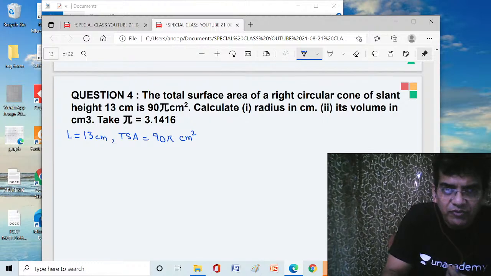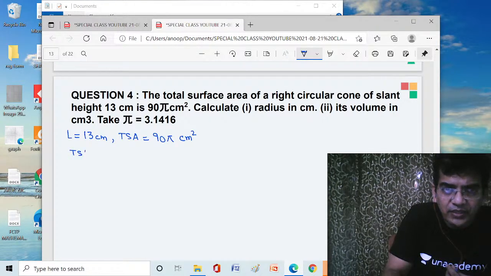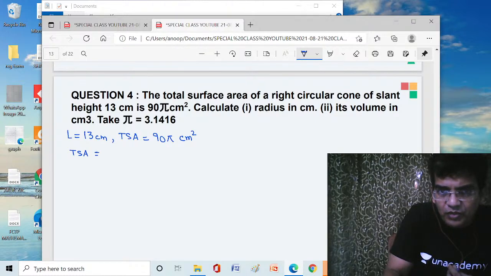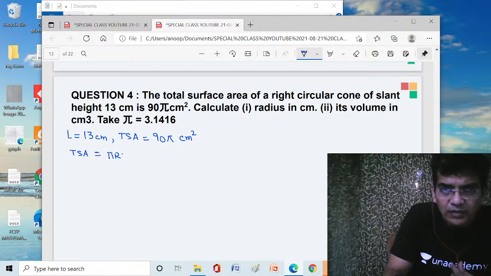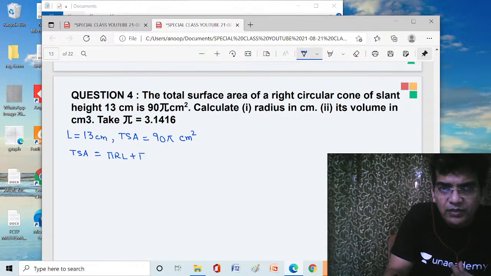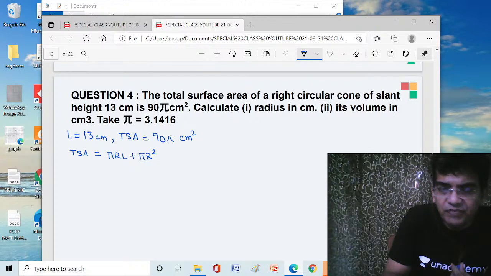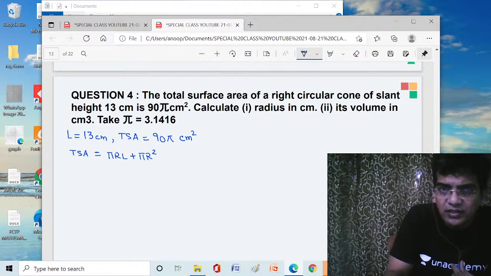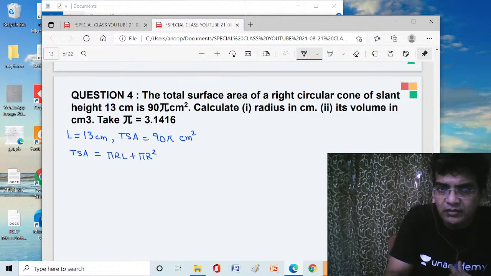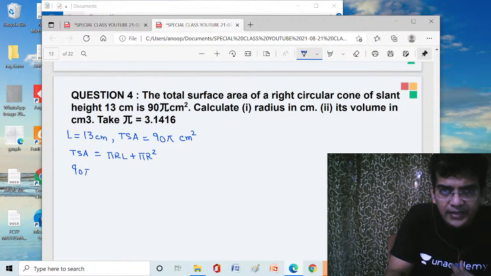So let us first of all use the formula for total surface area. The formula for total surface area is pi RL plus pi R square. Hope you remember this. This is the formula for total surface area. Now let us substitute the values. On the left side, total surface area is given this, 90 pi.